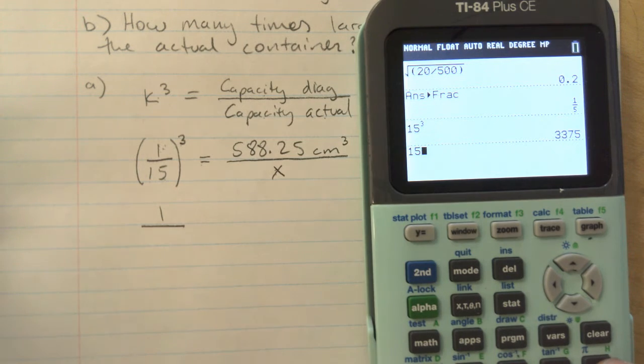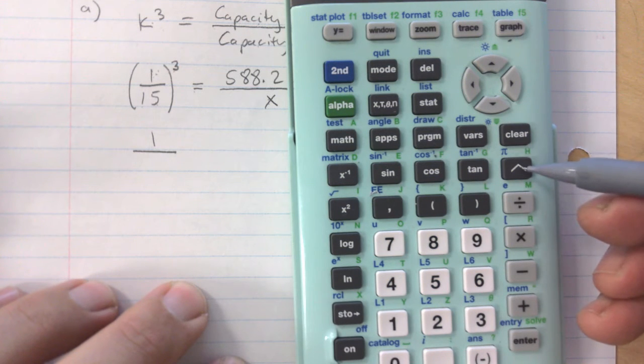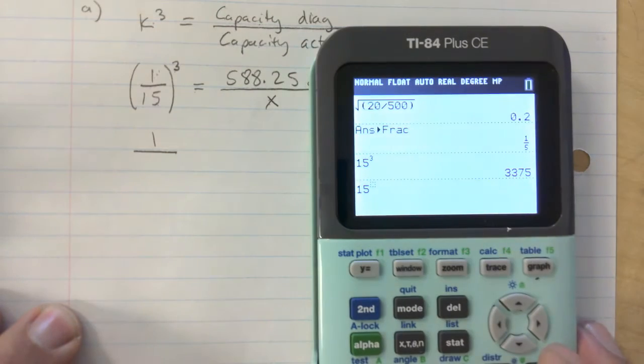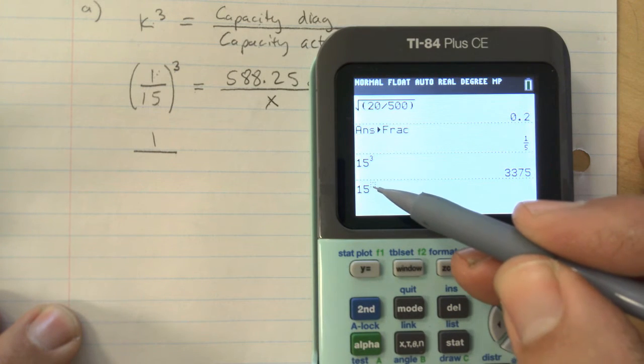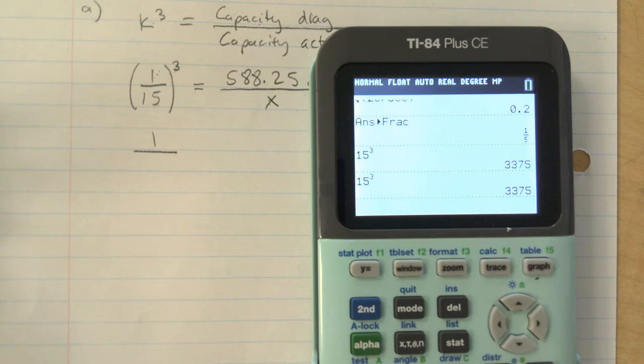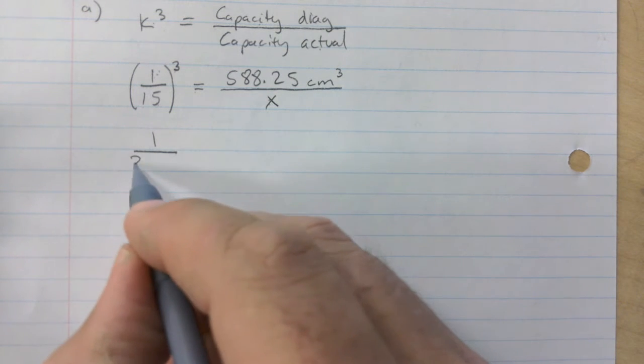In grade 12, you might want to use this. If you press that little hat button, let me show you where it is. It's right underneath clear. It's also an exponent button. So as soon as you press it, you should see that it's kind of highlighting a little power. So you can just press 3, right? We're cubing. 3,375.